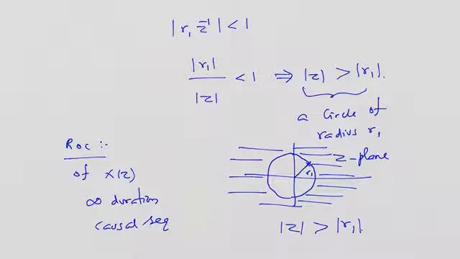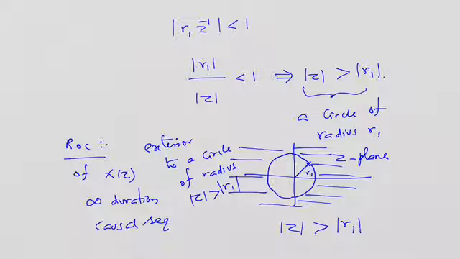This is the region exterior to the circle of radius r1 in the Z plane. Exterior to a circle of radius r1 means modulus of z is greater than modulus of r1, right?